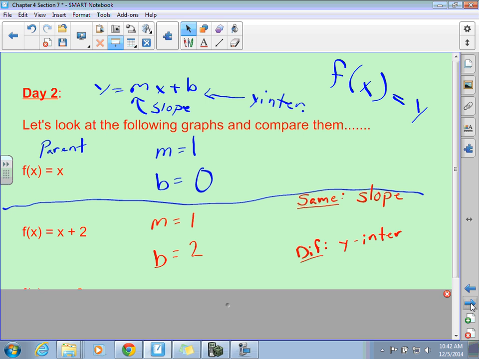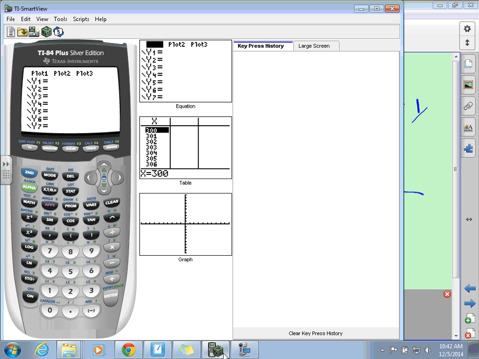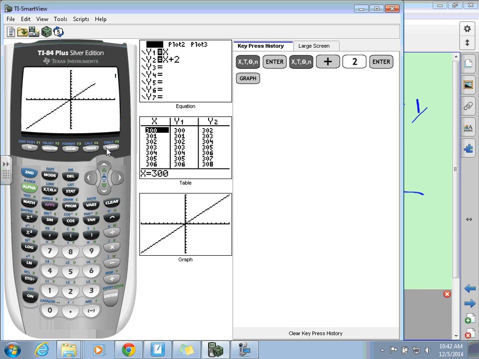Let me graph it on my graphing calculator. Here's my graphing calculator, all right? And I got y equals, so I'm going to put in parent. Here's mom and dad. Again, it's always the same. And the kid is x plus 2. Okay, here's mom and dad. Here's the kid. Whoa. What happened? How are they alike? They're parallel, so their steepness is the same, correct?